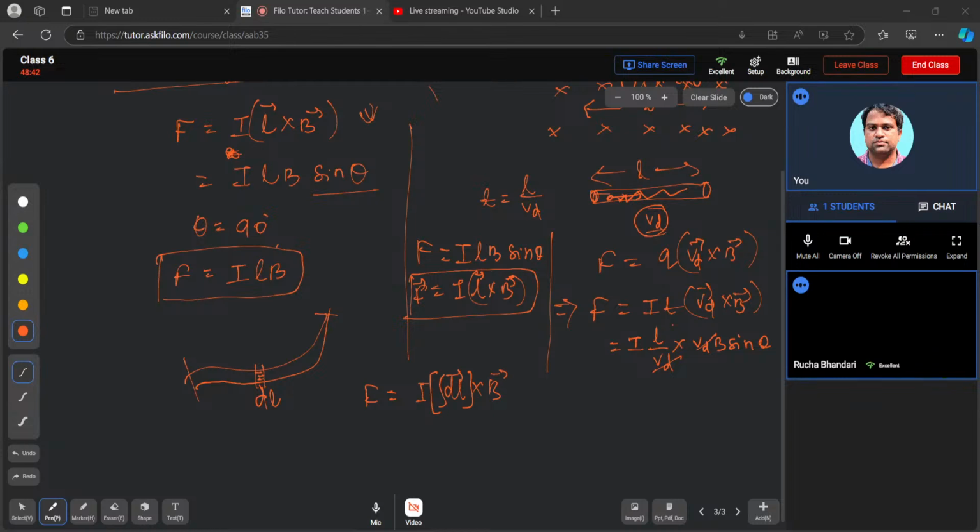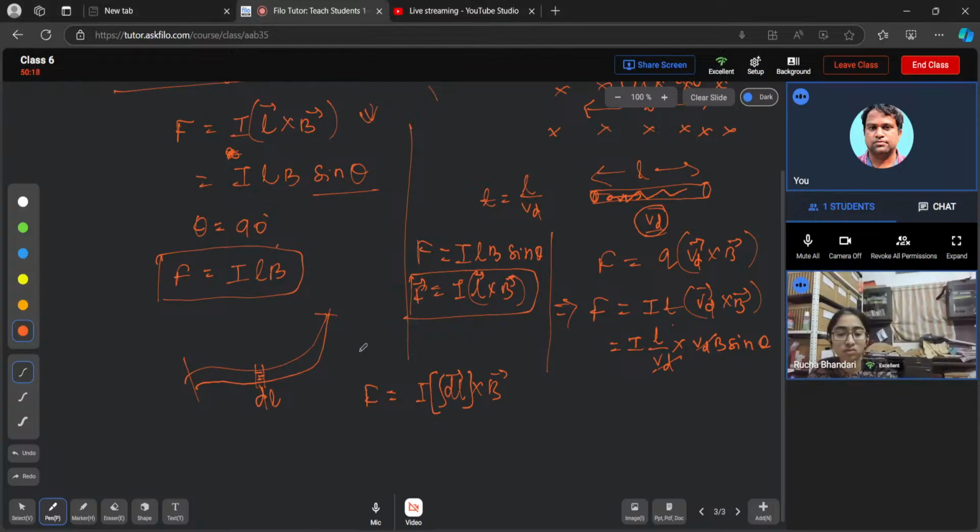For a closed circuit, it will become zero, because the vector sum for a closed circuit.